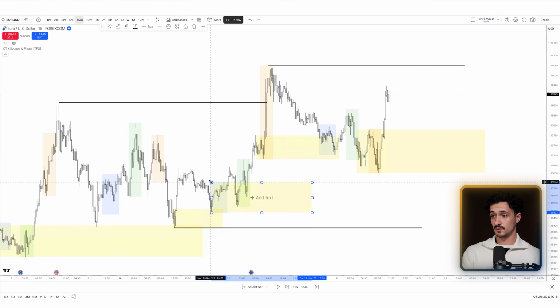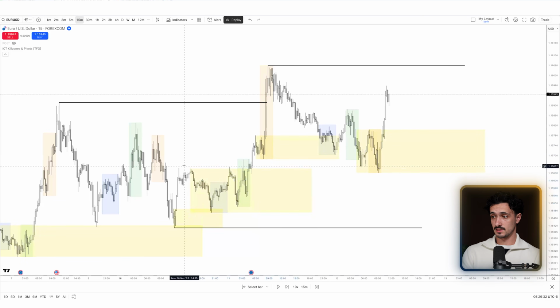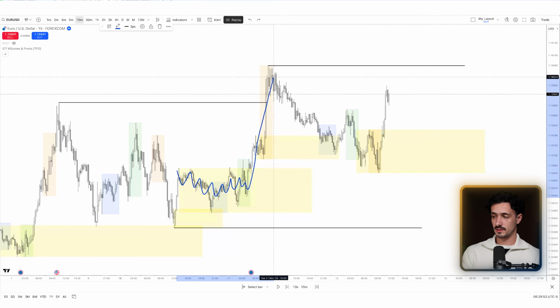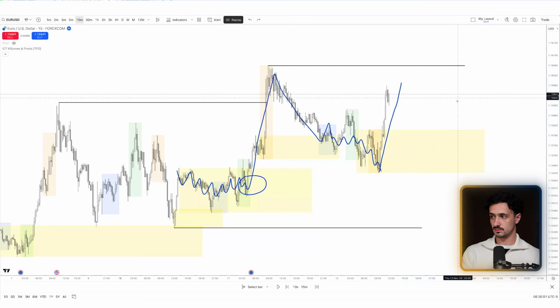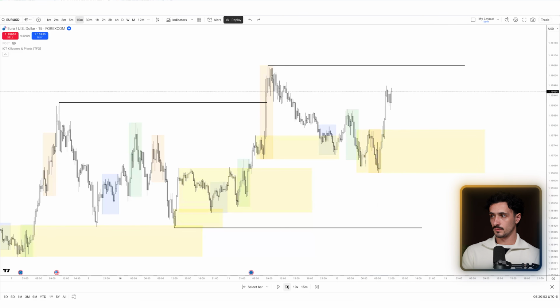Honestly, if you wanted to get technical, you could even look at this entire leg from here. From the moment that price hits this level, it's continuously range, expansion. Range back into this level, expansion. It's just pairing supply and demand with market structure.